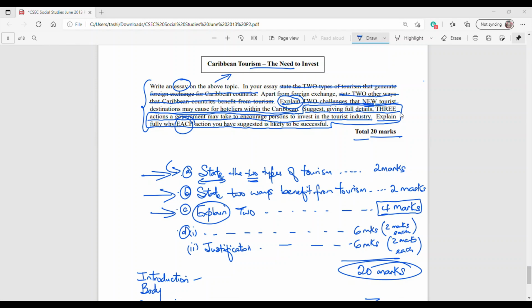So to start that paragraph off, we can say the government, let me just shorten that, the government can take actions. So this is our other sentence that is just allowing us to let the essay flow. The government can take actions to attract investors to the Caribbean in the tourist industry.